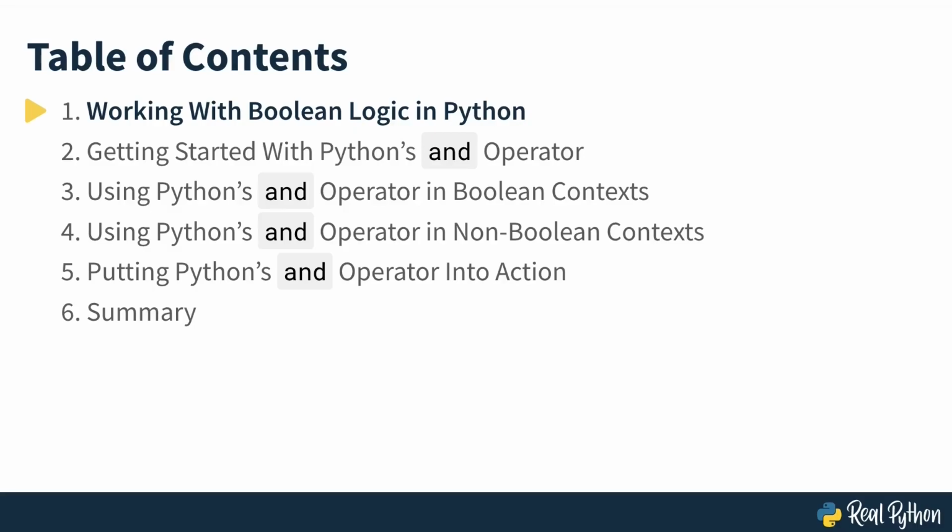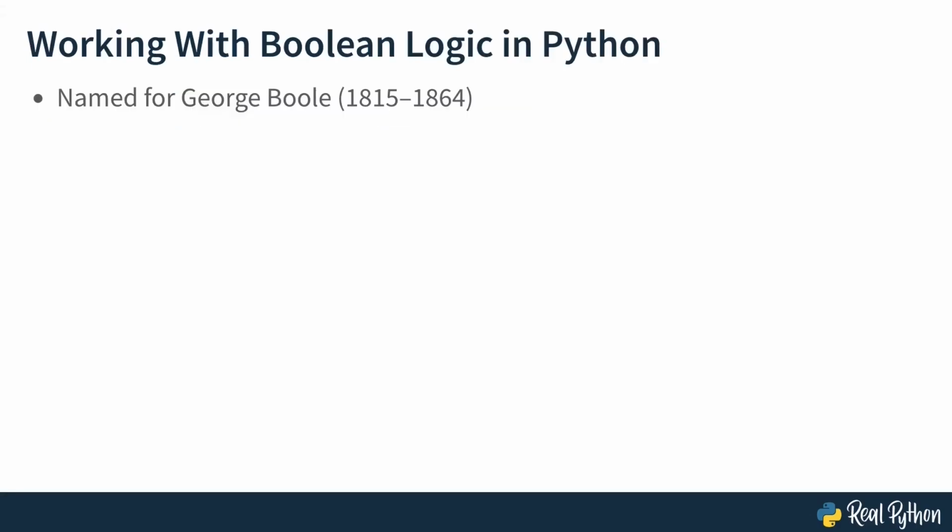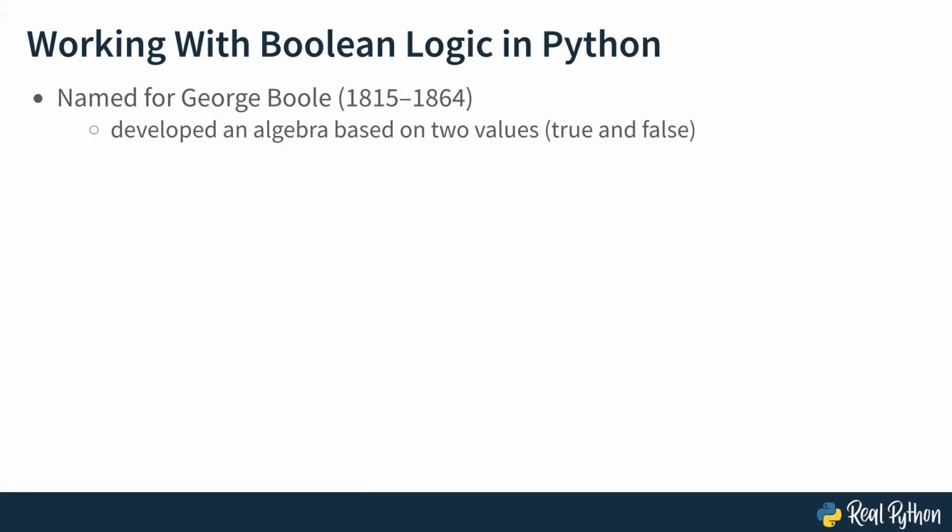In this lesson, you'll learn the basics of Boolean operations and a bit about how Python implements them. Boolean logic is named after George Boole, who developed a whole system of mathematics based on two values called true and false, and the operations on them: and, or, and not.